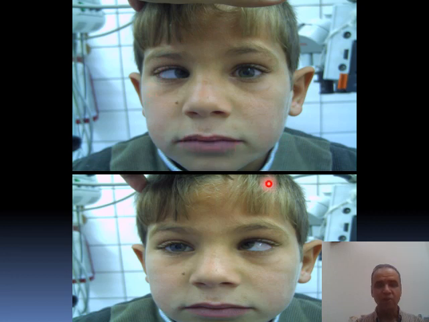So this boy lost the first aim, which is binocular single vision, because there is no simultaneous perception of vision and there is no normal correspondence of retinal points.